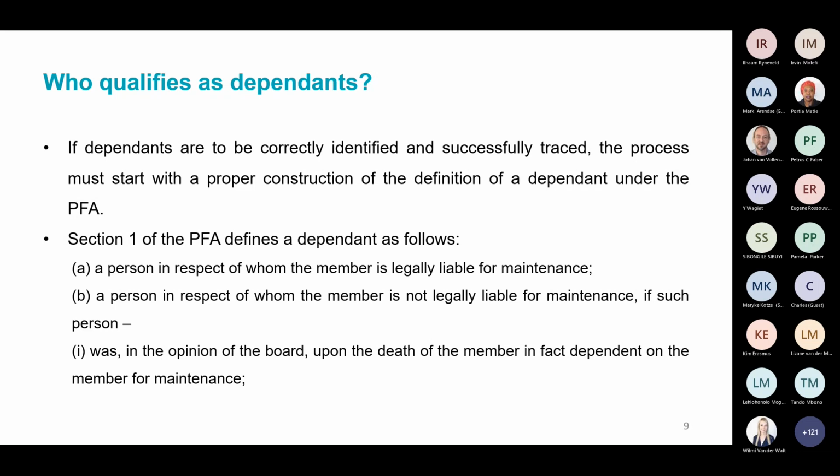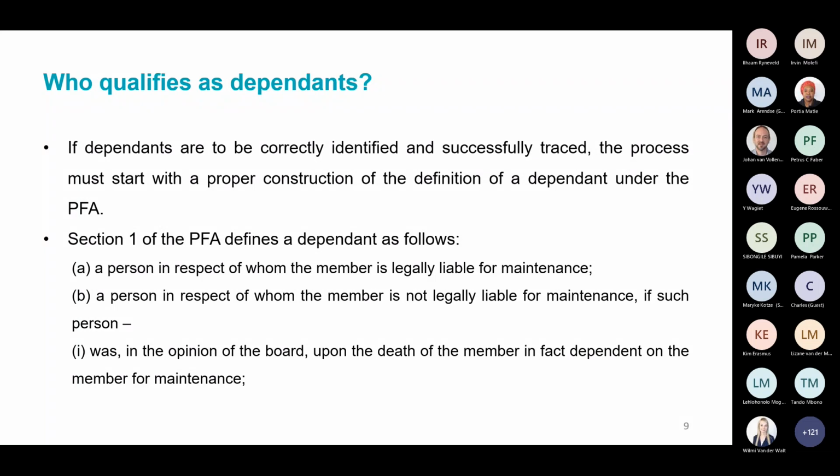A, a person in respect of whom the member is legally liable for maintenance. B, a person in respect of whom the member is not legally liable for maintenance, but if such person was, in the opinion of the board, upon the death of the member, factually dependent on the member for maintenance.